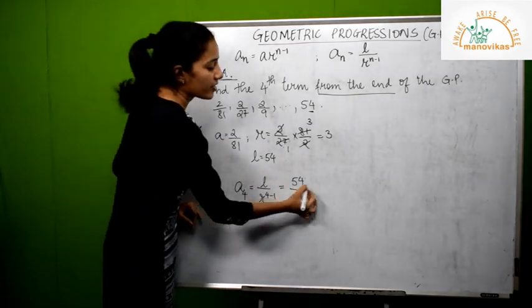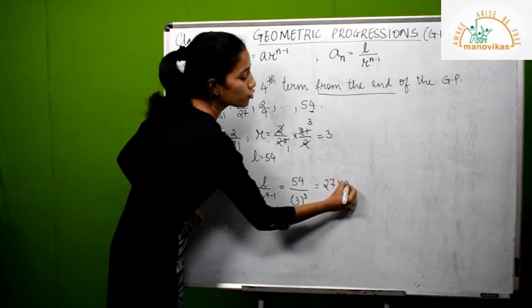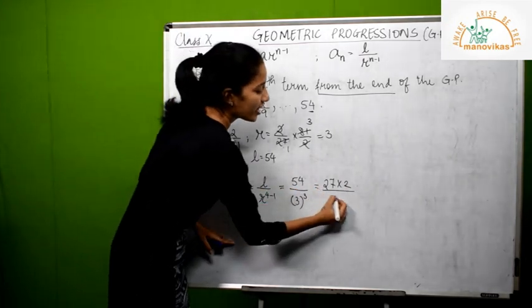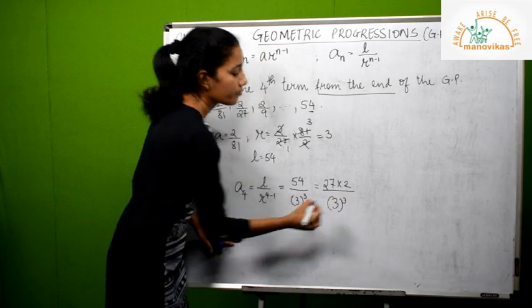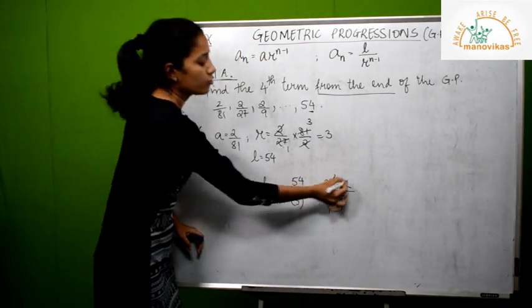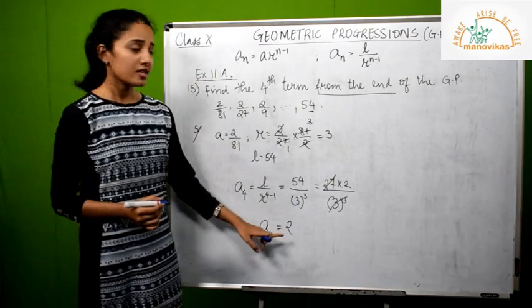Now when you're doing prime factorization, this will reduce to 27 into 2, which is 54, divided by 3 the whole cube. Now 3 cube is nothing but 27, which will cancel to give you 2. So therefore the fourth term from the end is 2.